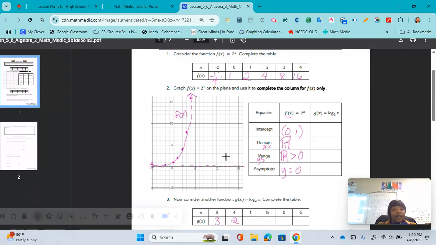Log base 2 of 1? 0. Log base 2 of 1/4? Negative 2. Log base 2 of 0? Not possible. You will get an error. Error also with negative.